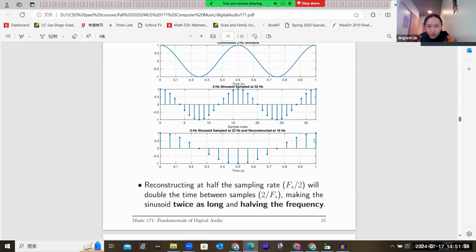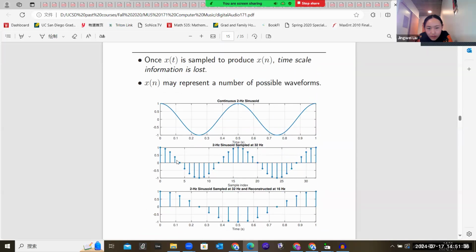Sampling and reconstruction. So here it's the same graph as I showed in Audacity, right? This is a continuous sinusoid, and if you have Fs at 32, it gives you more sampling points. If it's half, then it gives you half the points. It just skips those points in between.